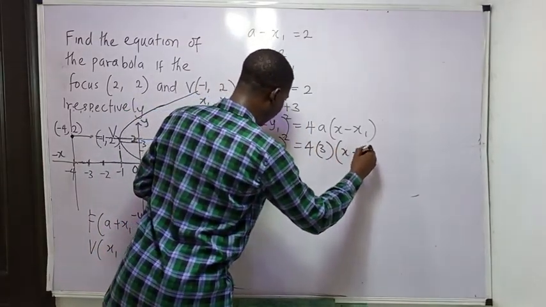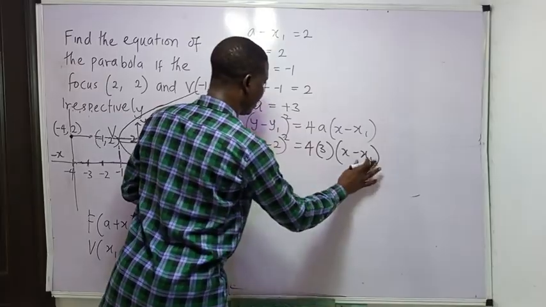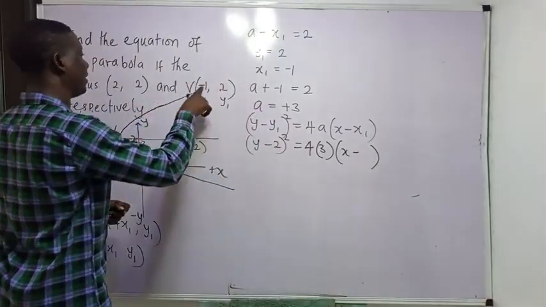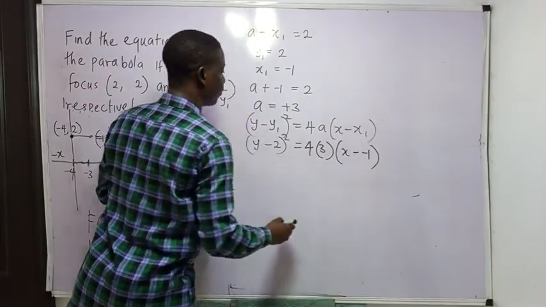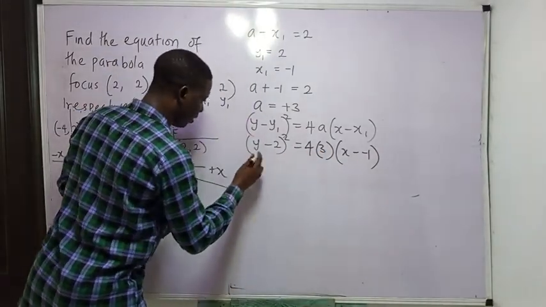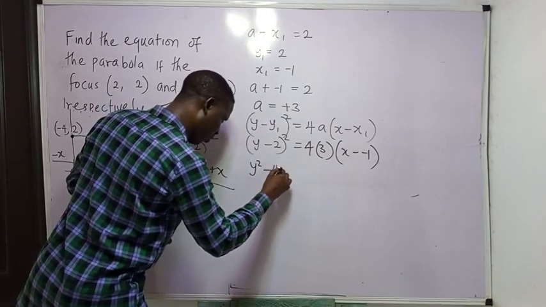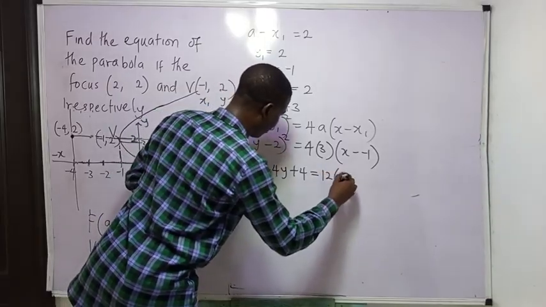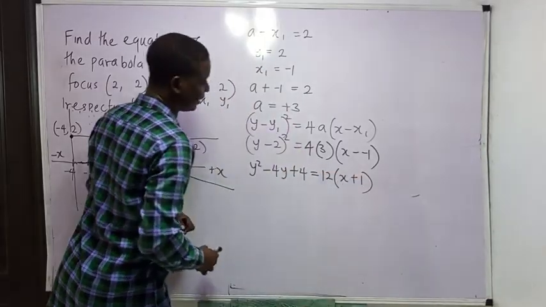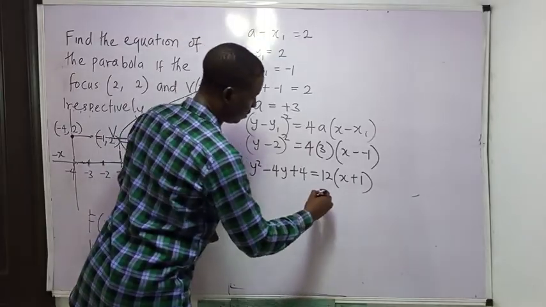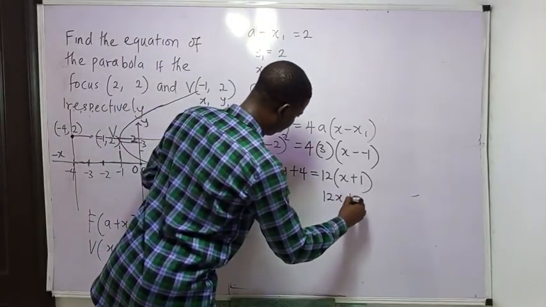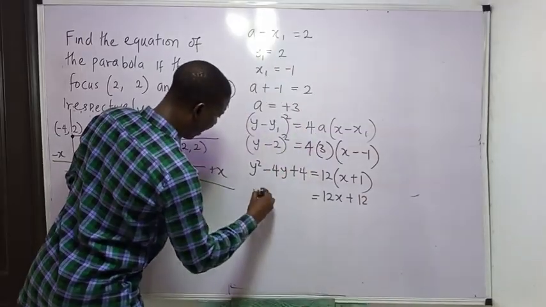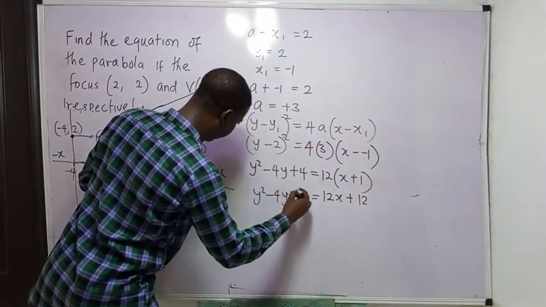Then open bracket x minus x1. What is our x1? x1 is minus 1. So play with it. This will give us y squared minus 4y plus 4 equals 12 into x plus 1. At the end of it, we have 12x plus 12 equals y squared minus 4y plus 4.